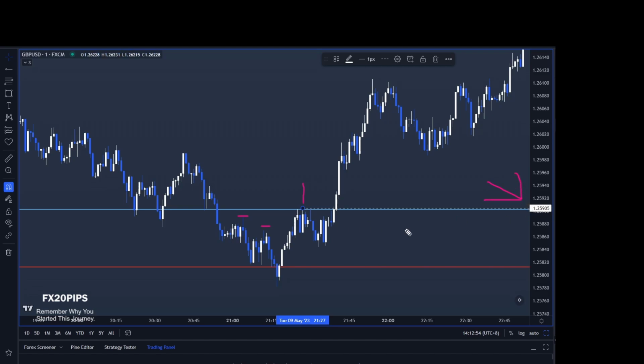1.25905. Okay, my entry method is such that I put in a stop order. Okay, I use a stop order and I find out 4 pips above this price, right? So I put it up to 4 pips above this price.